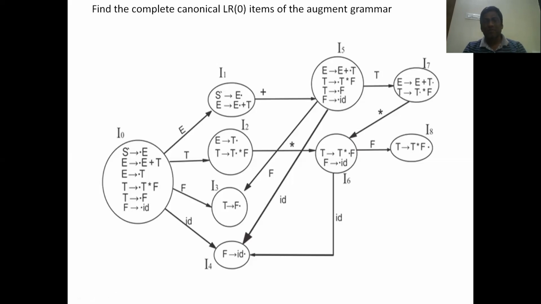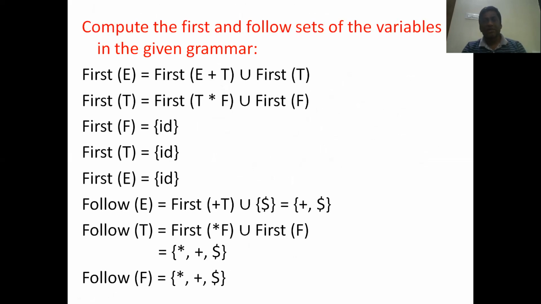So once this step is completed, the next thing is you need to construct the SLR parse table. For that purpose, the SLR parse table requires the first and follow sets for writing the reduce operations. In our previous example, because there is no ambiguity, we have not calculated any first and follow sets, and the reduce operations were straightforward there.